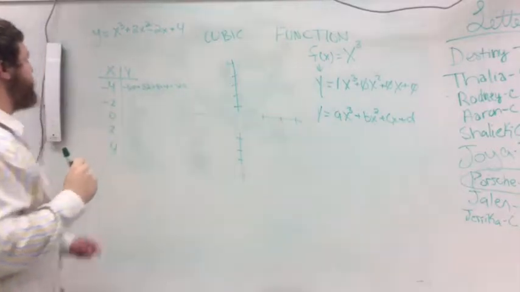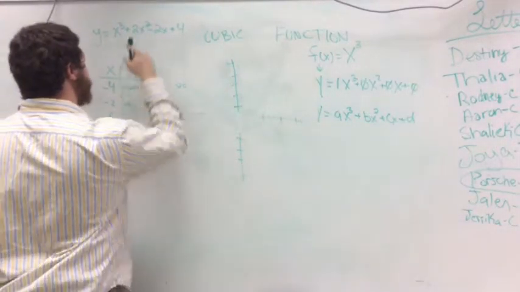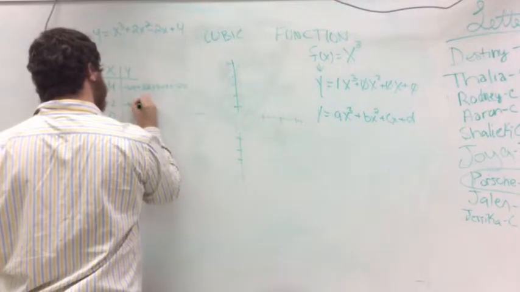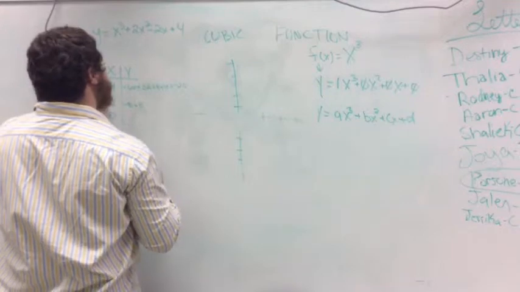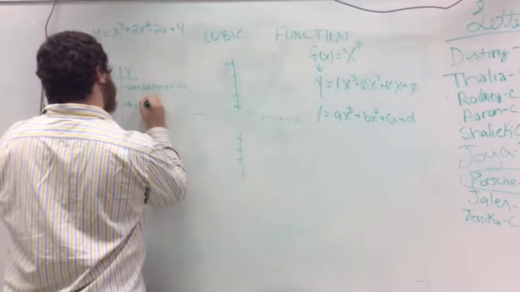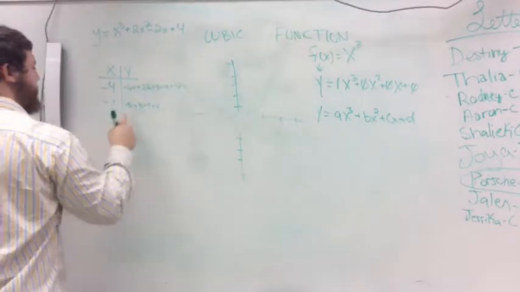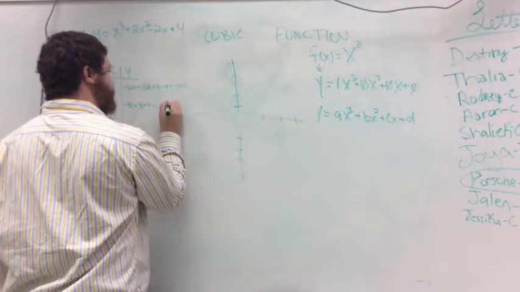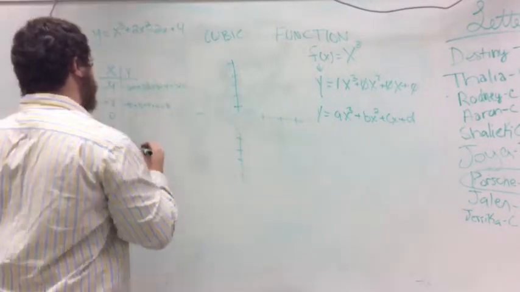Okay, negative 2. Negative 2 cubed is negative 8. Plus negative 2 squared is 4 times 2 is 8. Negative 2 times negative 2 is positive 4 and plus 4. Okay. Negative 8 plus 8 is 0, plus 4 is 4.